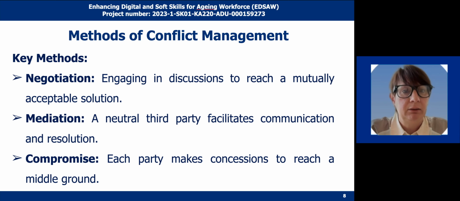And last but not least, compromise. Compromise is another effective method where each party makes concessions to reach a middle ground. For instance, if two colleagues disagree on a deadline, they might compromise by agreeing on an intermediate deadline that balances urgency with feasibility.